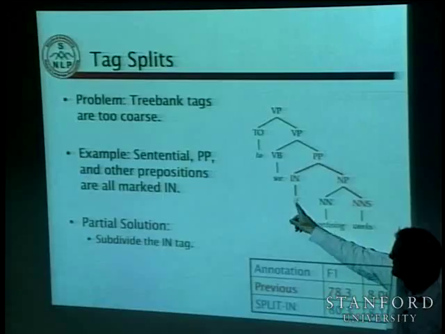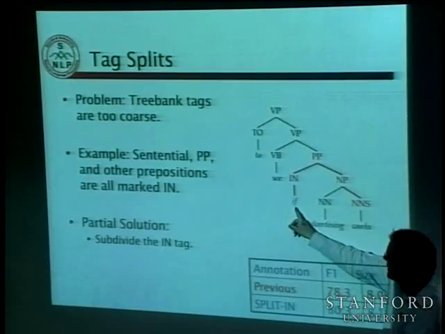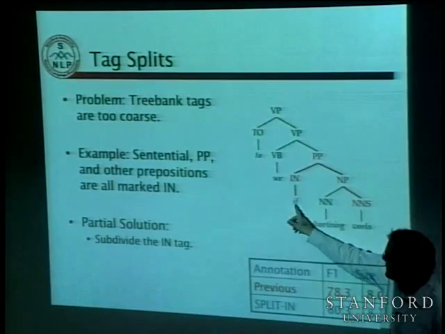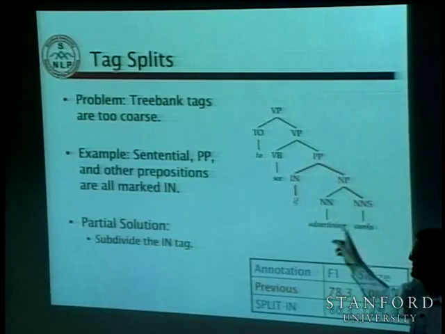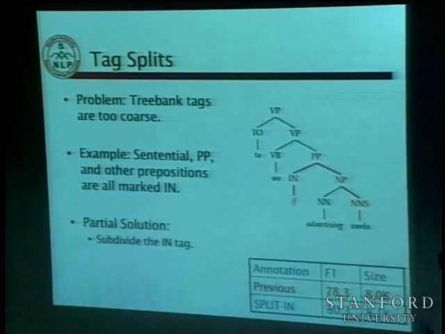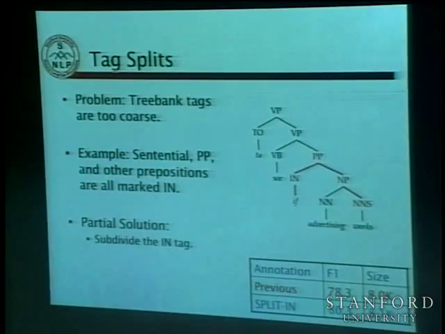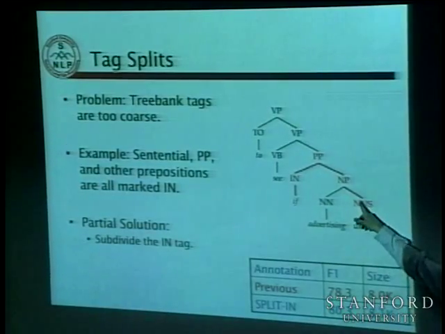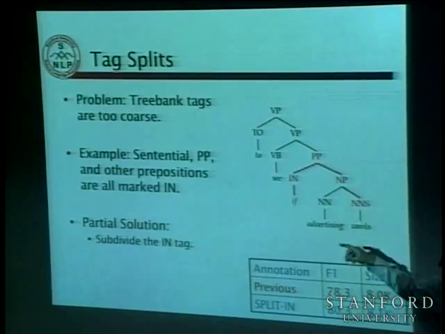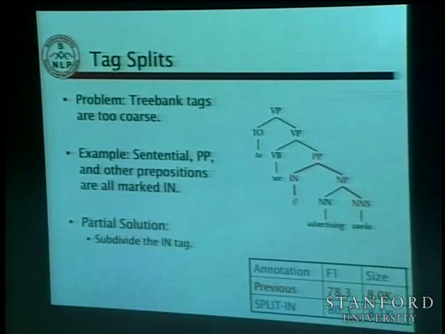For this sentence, the parser analyzed "if" as a preposition, and "advertising works" was just parsed as a noun phrase, which is just wrong. "Works" should be parsed as a verb going into a verb phrase. That analysis should be plausible because "if" is a subordinating conjunction that should take a clausal complement.